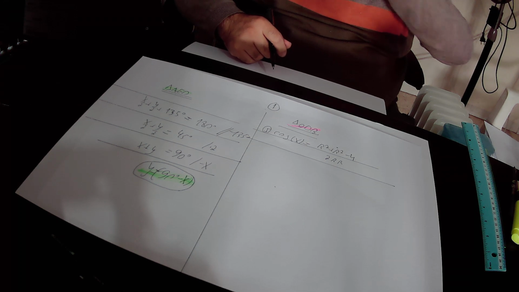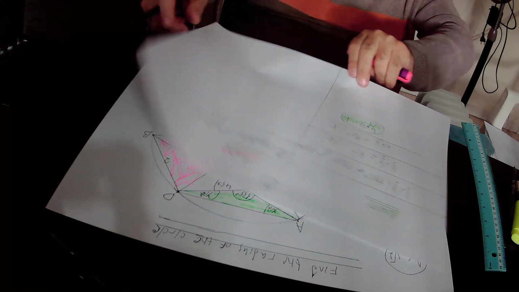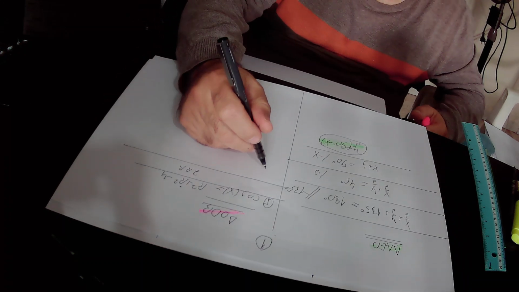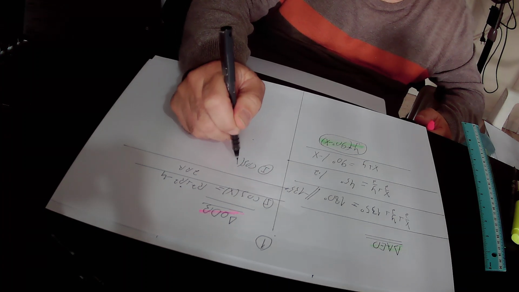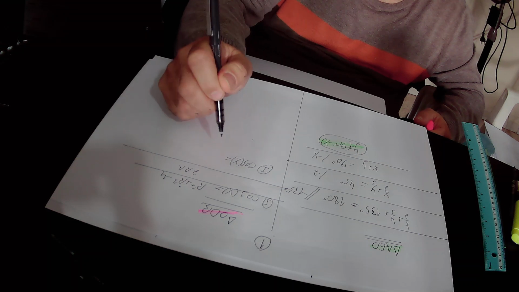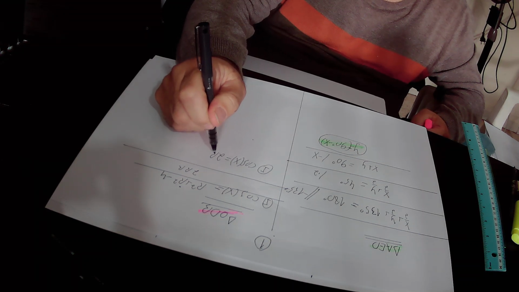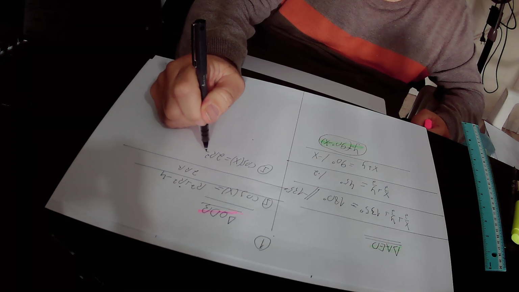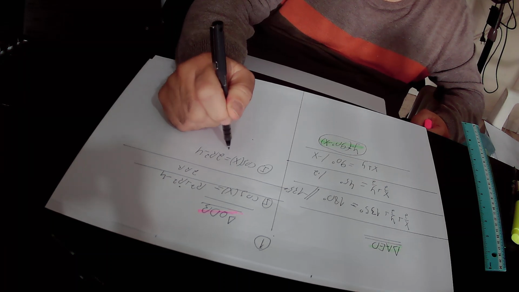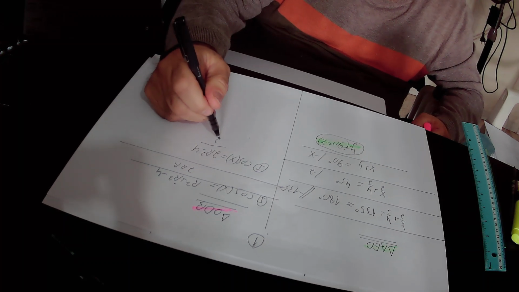Okay, so cosine x equals r squared plus r squared is 2r squared, minus 4, over 2 times r times r, which is 2r squared.